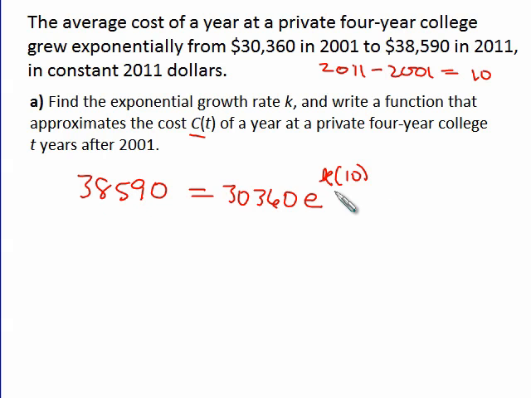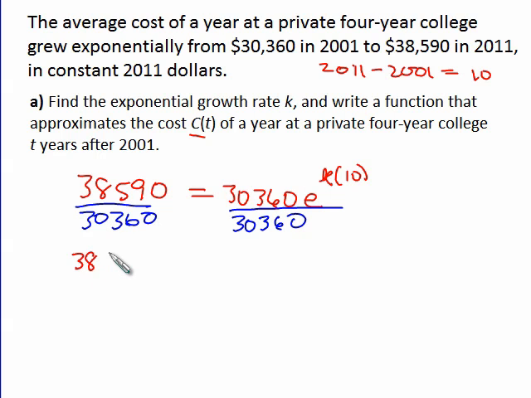Well, the very first step is I need to get the exponential by itself, so I have to divide out the 30,360. And I'm not even going to bother to try to reduce this fraction or turn it into a decimal, because I never want to round in the middle of my problem. So I'll just leave it as 38,590 over 30,360.